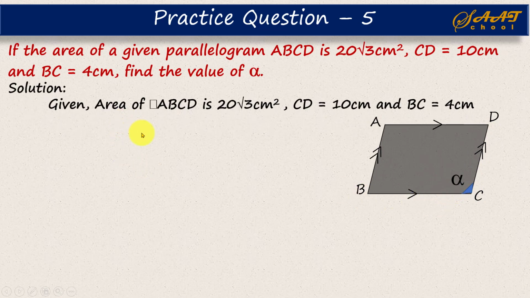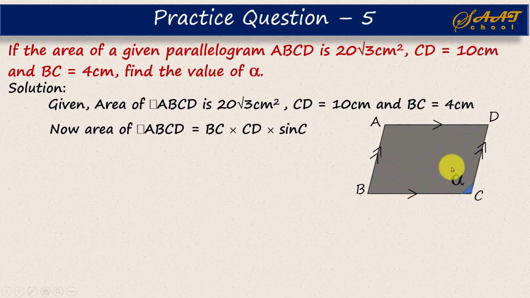So here the area of the parallelogram is given, which is 20 root 3 square centimeters, CD is 10 centimeters and BC is 4 centimeters. Now the area of parallelogram ABCD will be equal to, as we have to find this angle, the product of these two adjacent sides, BC and CD, and sine C. So that is the area of the parallelogram, the product of two adjacent sides and the sine of the angle between them.